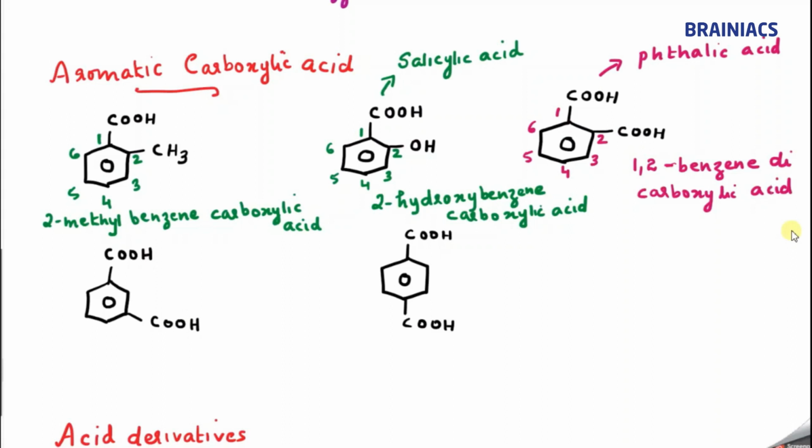The next one. Its common name is also famous. So I can write the common name as iso. Isophthalic acid. So what is the IUPAC name of this compound? 1, 2, 3, 4, 5, 6.